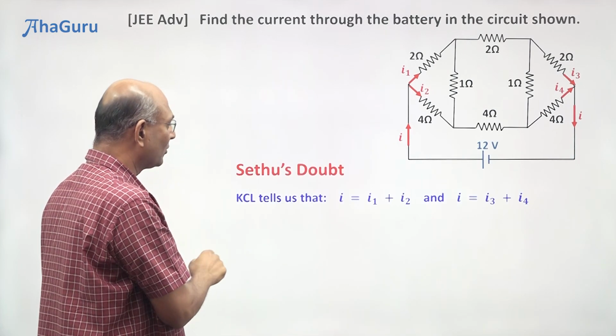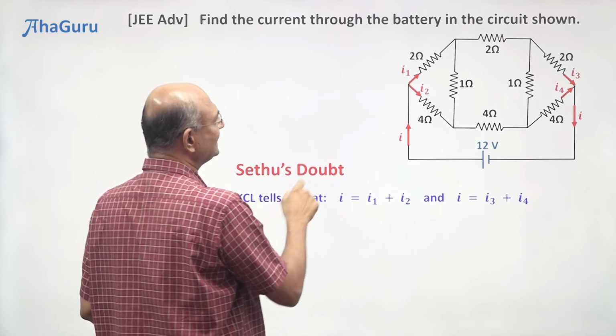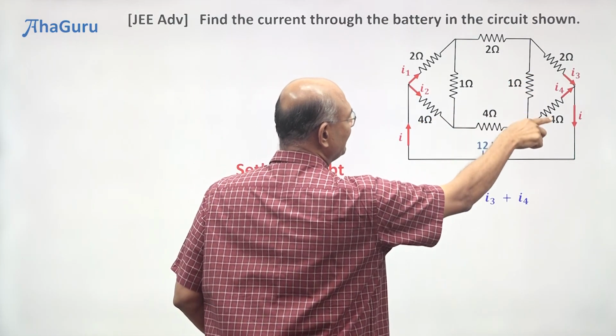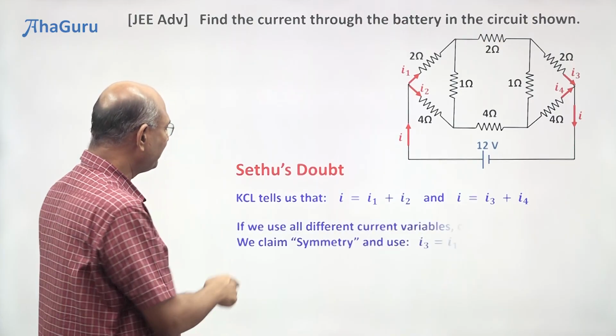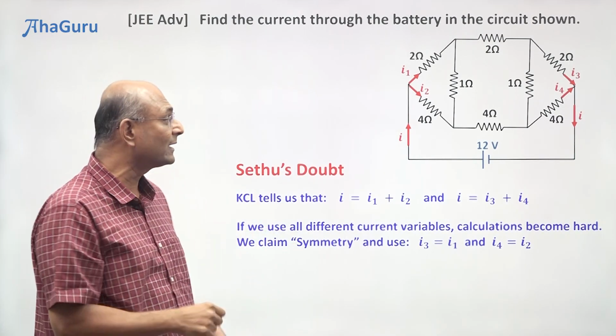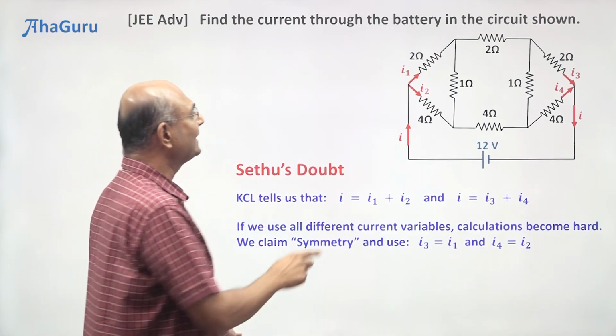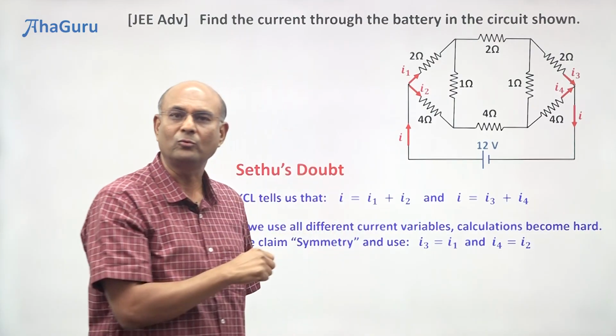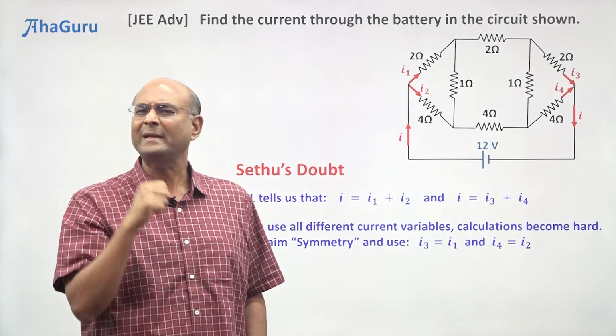Sethu's doubt was, Kirchhoff's current law just tells us that I1 plus I2 must be I and I3 plus I4 must be I. But if I use all different current variables and try and solve, the calculations become very hard. So we say symmetry, and then we say I3 must be equal to I1, I4 must be equal to I2. But why does symmetry imply that?